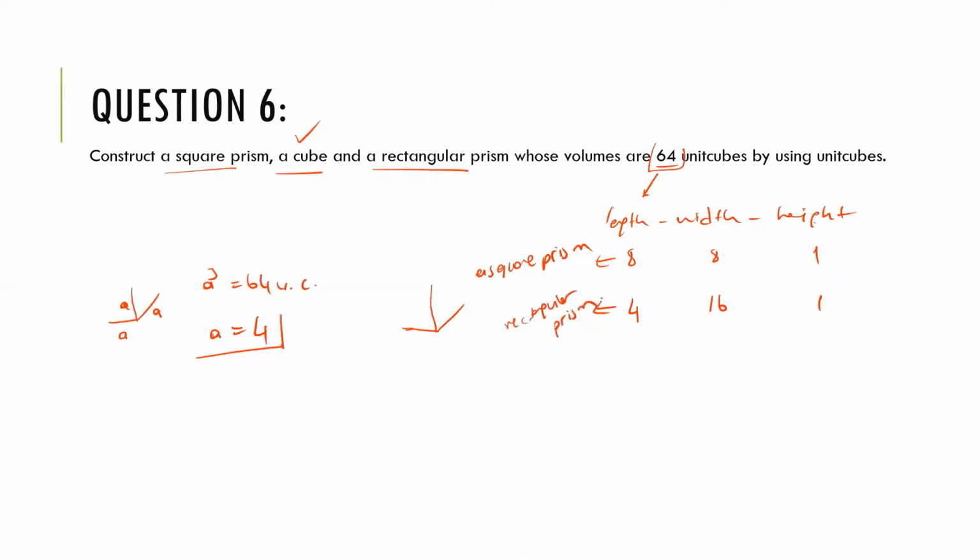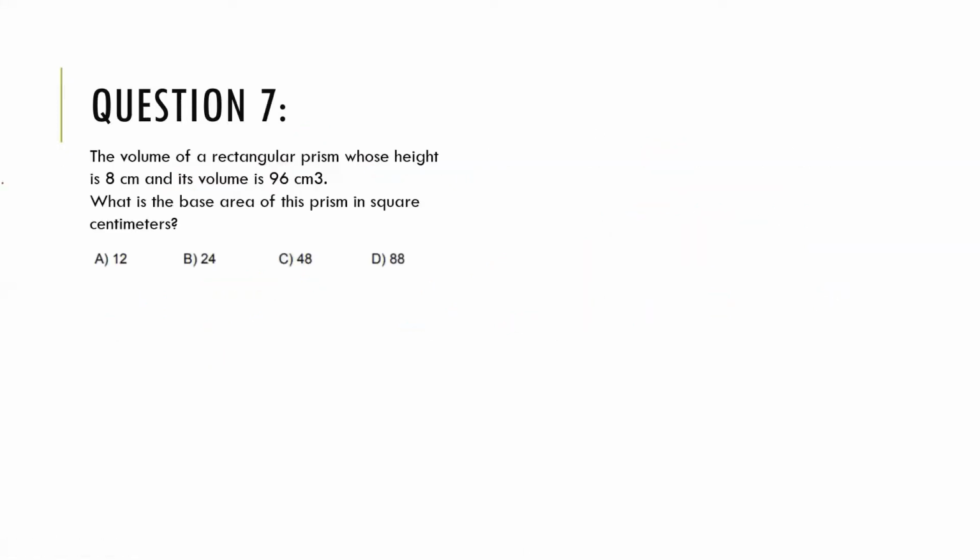Question 7 asks, the volume of a rectangular prism whose height is 8. Its volume is 96 cubic centimeters. What is the base area of this prism in square centimeters? Let's look at this. Its height is 8.